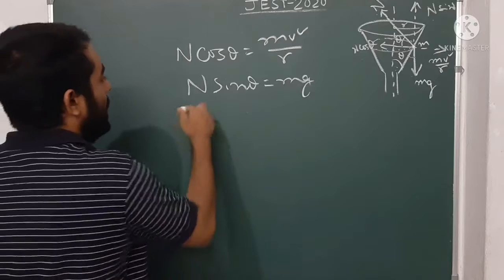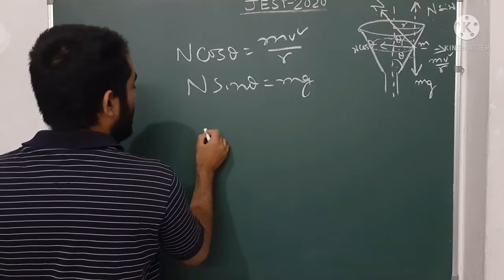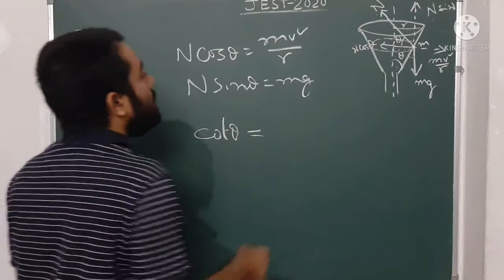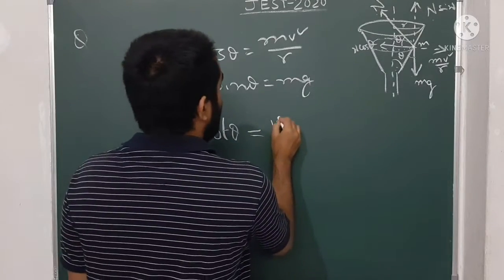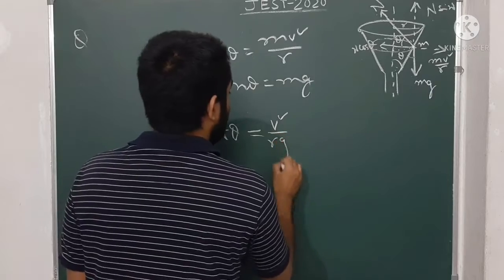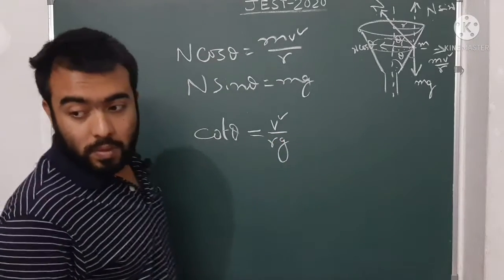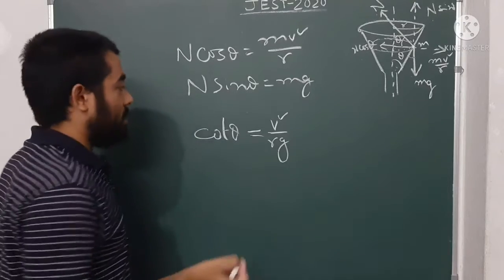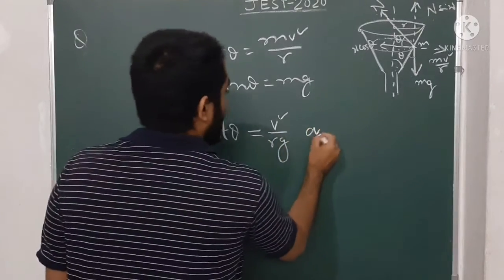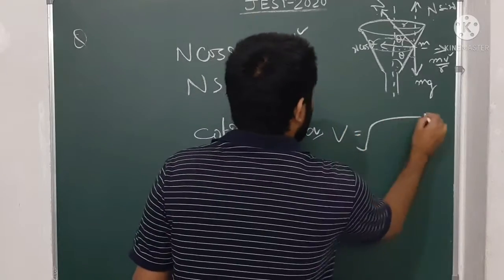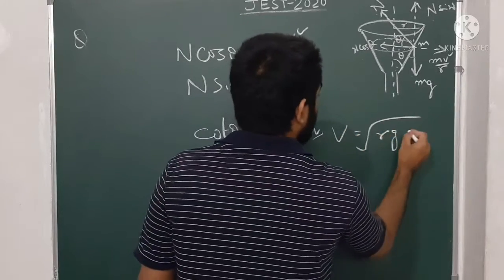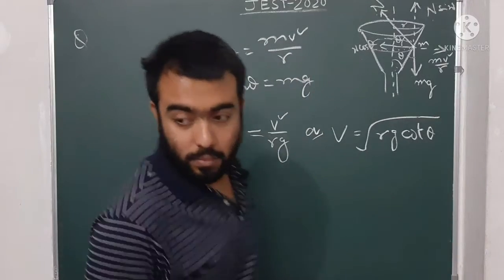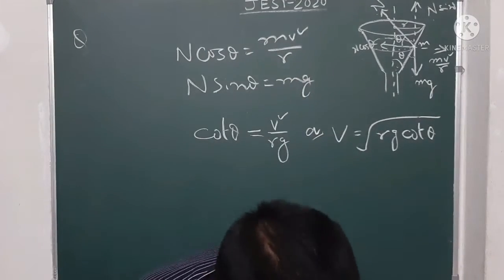If we divide these two equations, we will get cot theta equal to v square by rg. They asked for the speed, that means v. So v equals root over rg cot theta. This is our result.